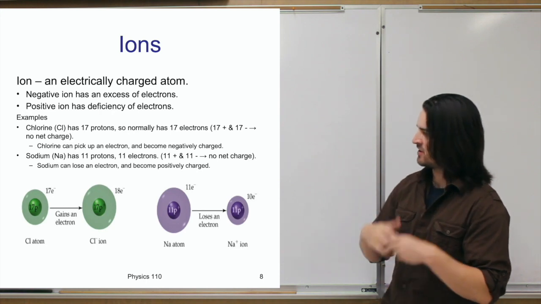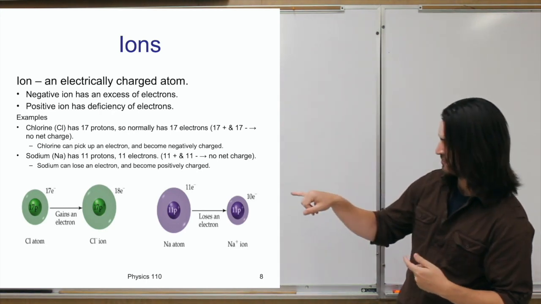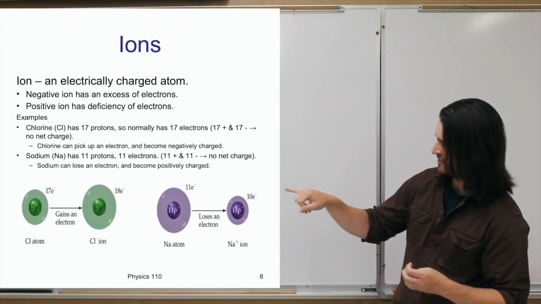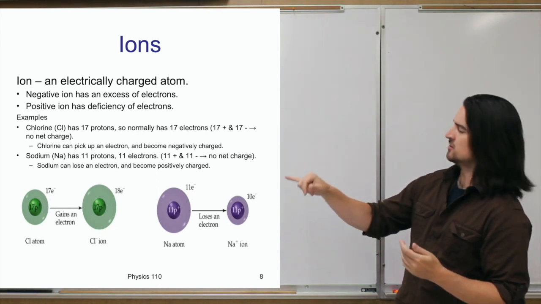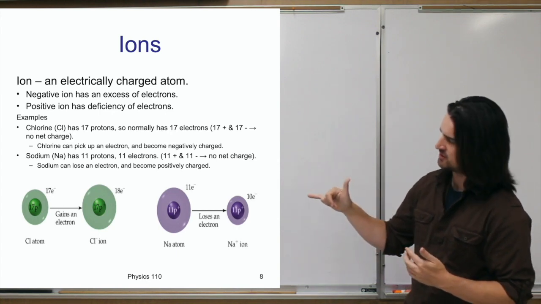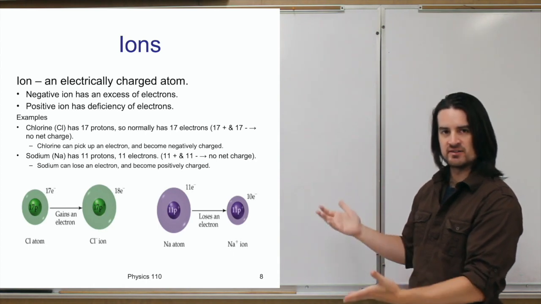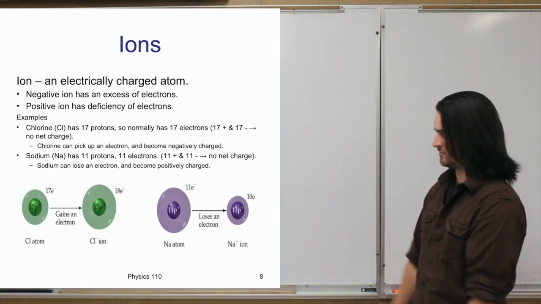And so now we would have a negatively charged atom of chlorine. So we go from this picture on the bottom left where you have chlorine, 17 protons, 17 electrons, somehow picks up an extra electron, now it's 17 protons, 18 electrons. Overall, this is now a negatively charged chlorine, right? A negatively charged ion of chlorine.